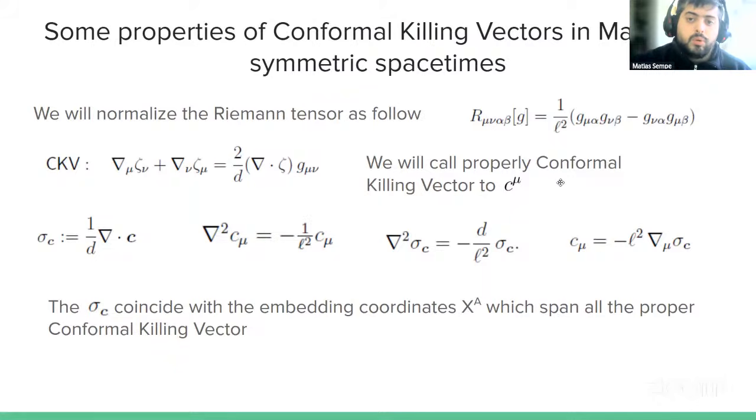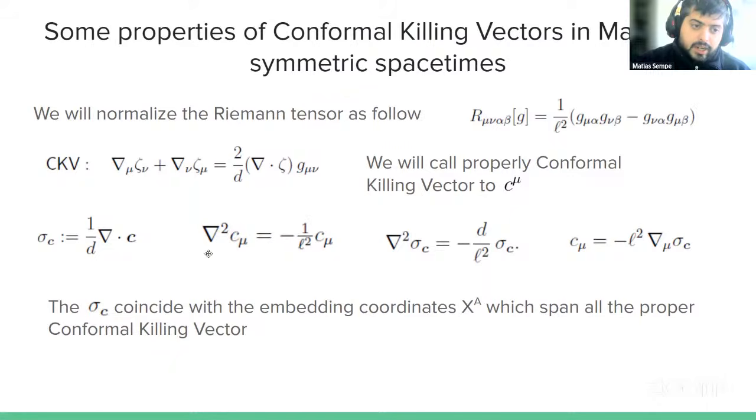And using this Riemann tensor, we can do some calculations and find that, for example, the one form associated to the proper conformal Killing vector is a harmonic function.